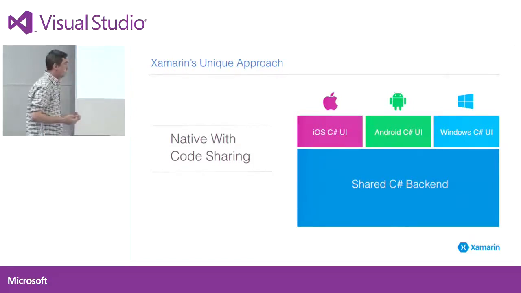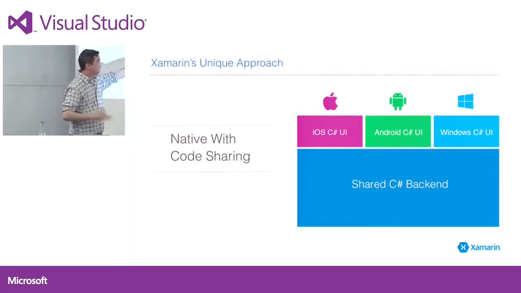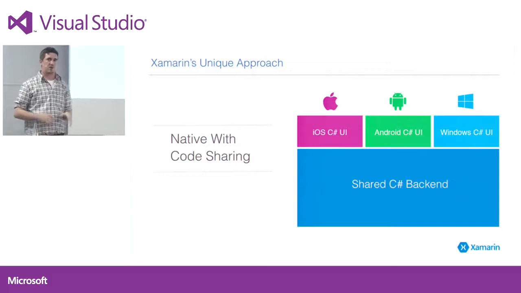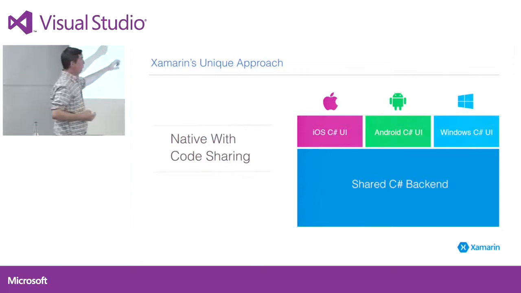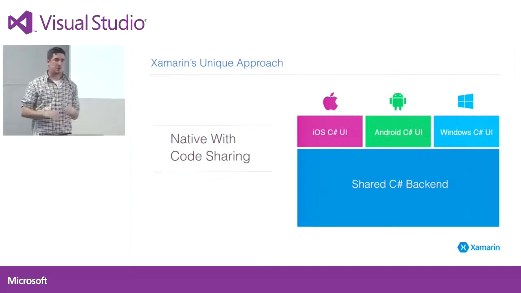And what this allows you to do is share, as I say, this 50 to 70% in most cases. Of course, there are situations where if you're writing a very UI-heavy app, that top section is going to get a bit bigger, just because each platform has different drawing APIs.